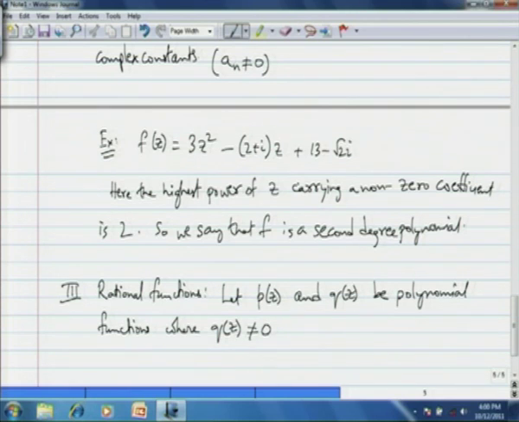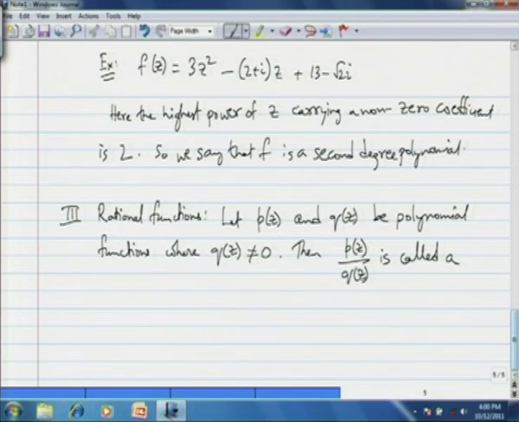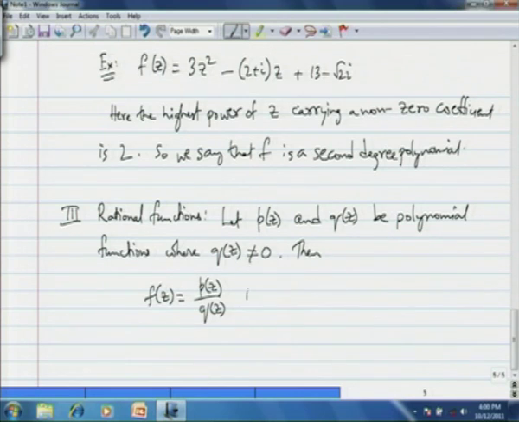It can be any other than the constant 0 polynomial. Okay. Then p of z by q of z is called a rational function. Okay. So, I will rewrite this. I will say then f of z given by p of z by q of z is called a rational function.